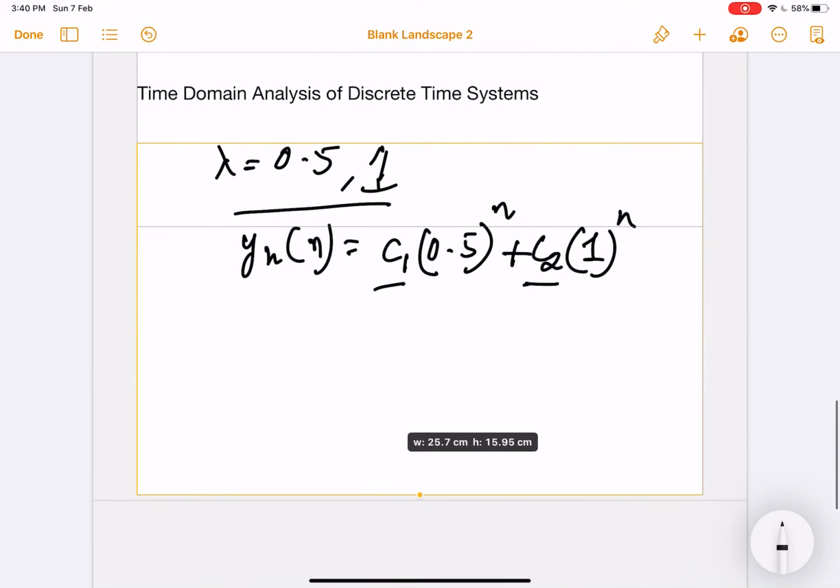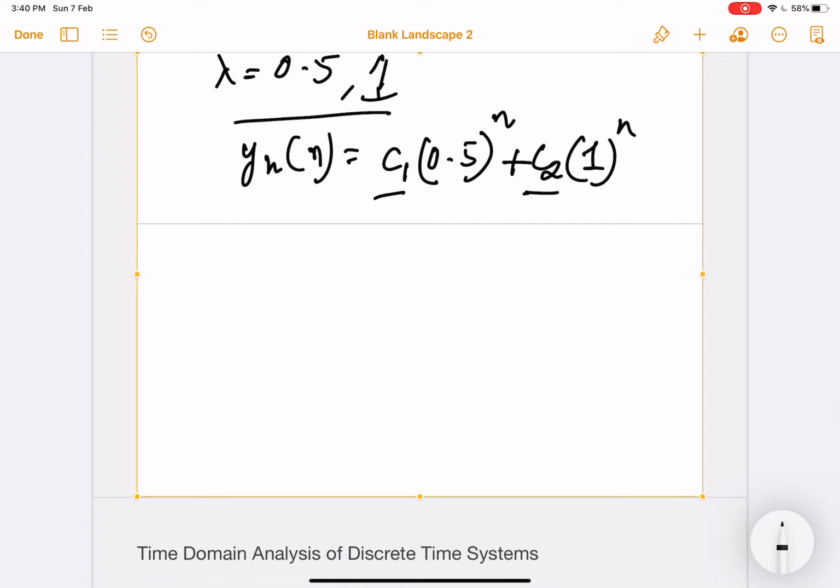What were our initial conditions? In the question it was given y of minus 1 is equal to 1, and y of minus 2 was equal to 0.